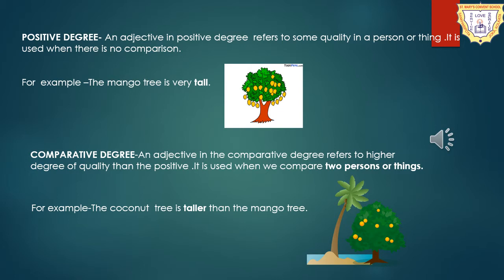For example, the coconut tree is taller than the mango tree. Here we are comparing the coconut tree and the mango tree. So we are using the comparative degree of adjective, that is taller.